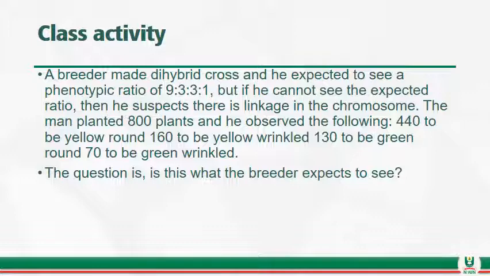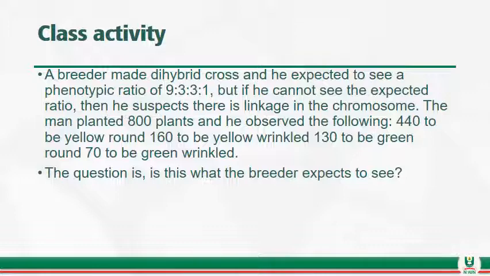So the man planted 800 plants, and this is his observation: 440 to be yellow and round, and 160 plants to be yellow and wrinkled, and you have 130 plants to be green and round, then 70 plants to be green and wrinkled.